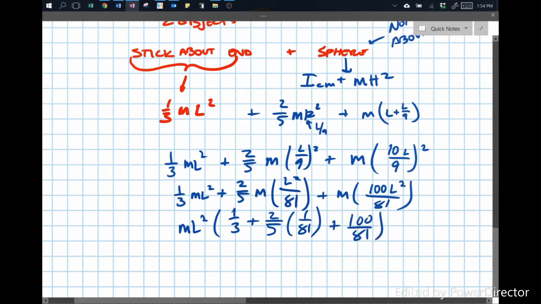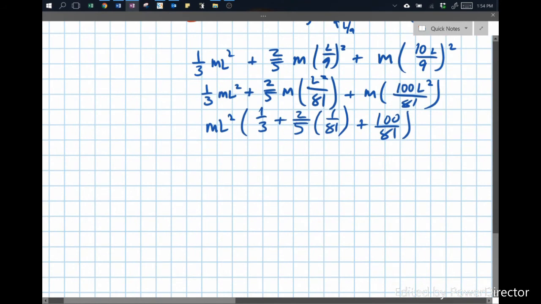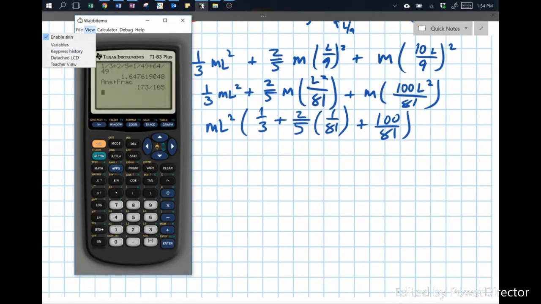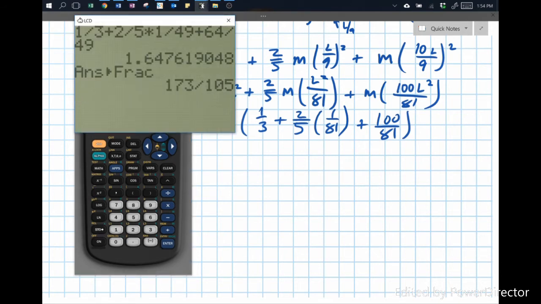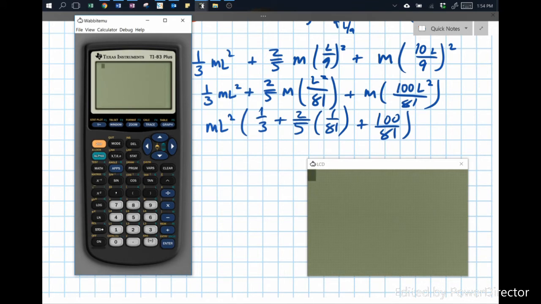Would it be beneficial to see how that goes into the calculator? Yes or no? Sure. It's a fun trick. So 1/3 plus 2/5 times 1 over 81 plus 100 over 81.